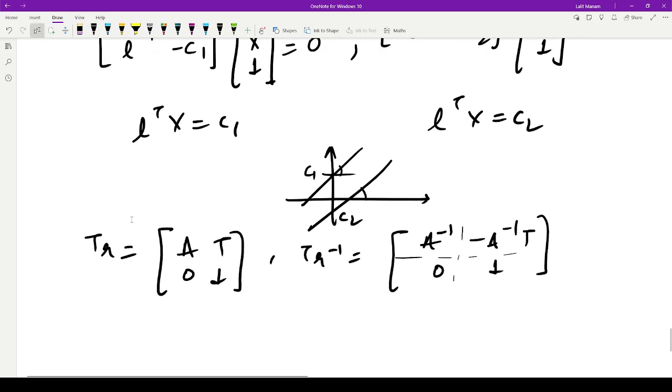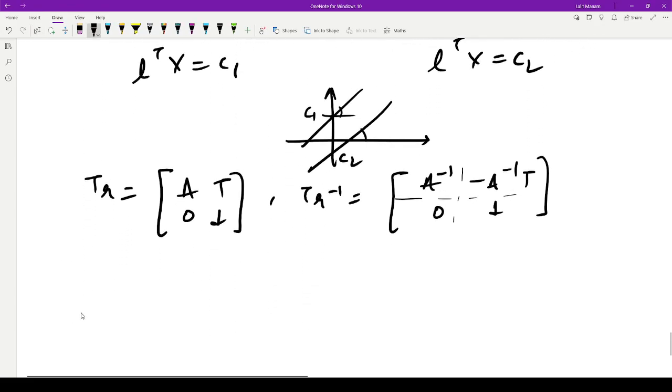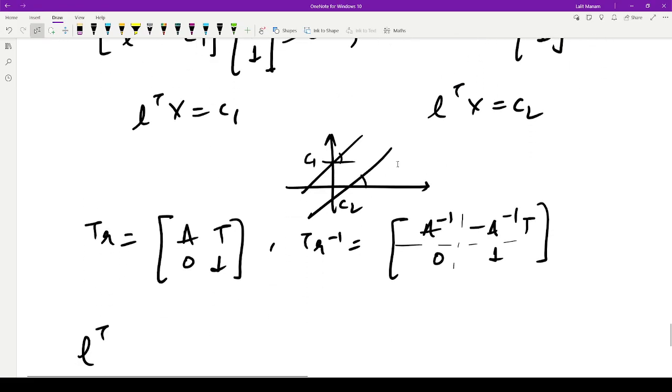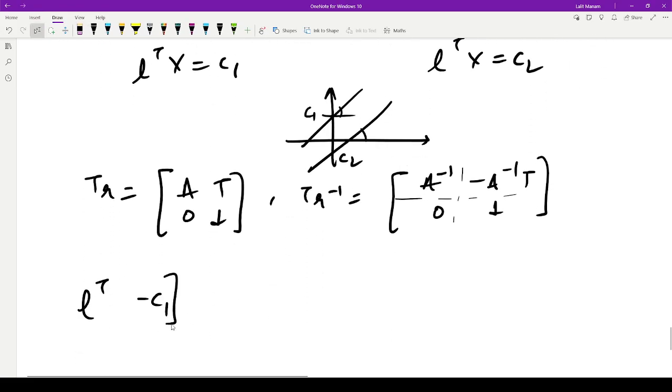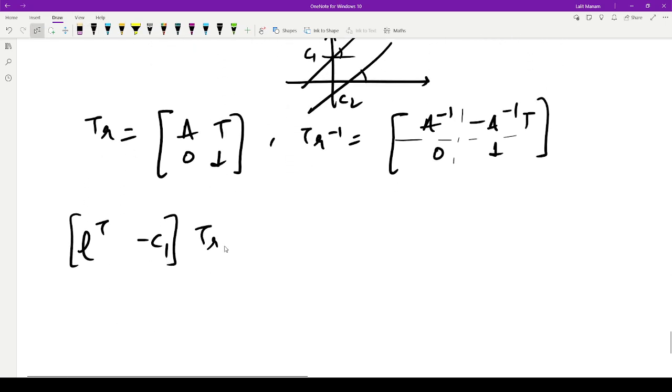Again, as I said, I can always choose to keep these things inside the equation, right? L transpose minus C1 times the inverse transformation times x, since it's a line equation and not a point, x and 1 equals 0.